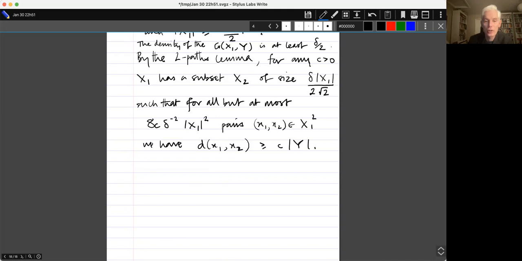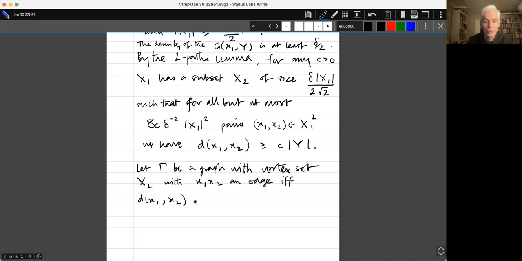So we're going to define a new graph. Let gamma be a graph with vertex set x1, so gamma is sort of standing for good here, and x1, x2 an edge if and only if the number of paths from x1 to x2 is at least c times the size of y.